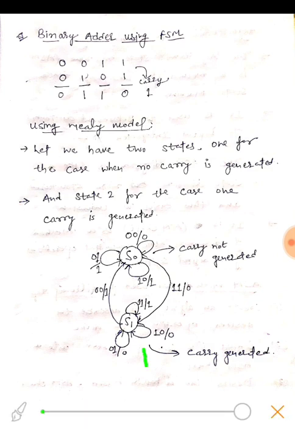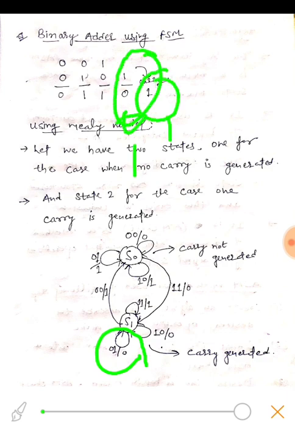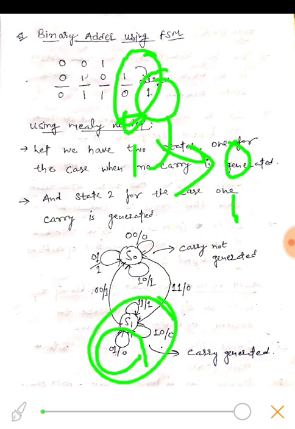Or if I get 1 0 and a carry 1, it will again generate sum 0 and carry 1, so it will remain in state S1 again for this combination.